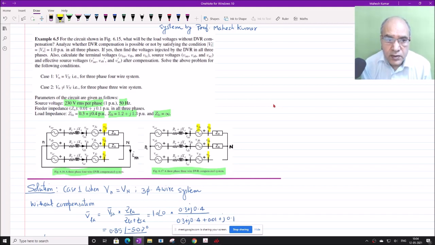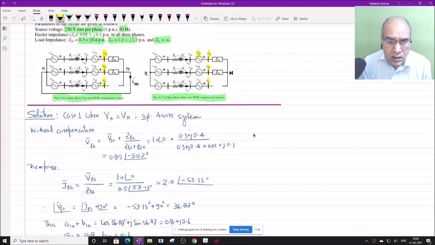So we will take first the three-phase, four-wire system. In the first case, Vn and capital VN are the same, because they are connected together and grounded somewhere at the tower points. So in fact they are the same and they are normally equal to 0 as well.